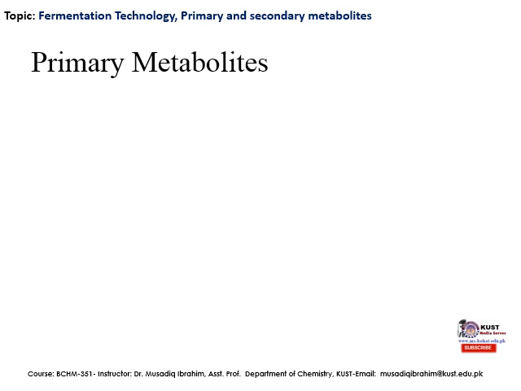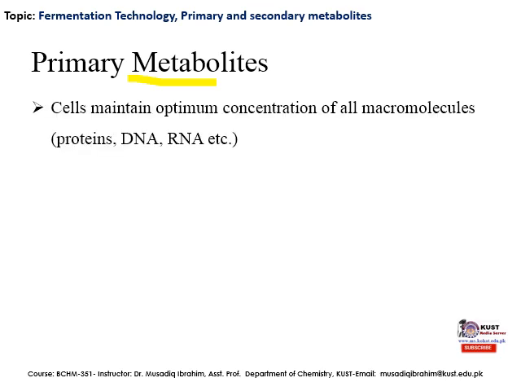Now the primary metabolites, as we have discussed and studied, are very important. So the microbial cells maintain the optimum concentration of all the macromolecules which are responsible for the growth of the microbial cells. For example, the proteins, the DNA, RNA, and other macromolecules.